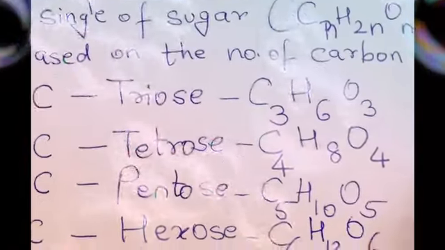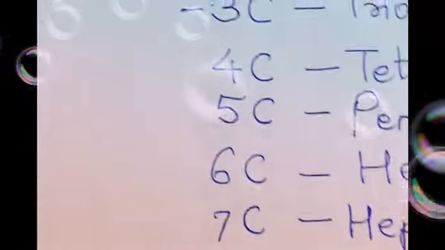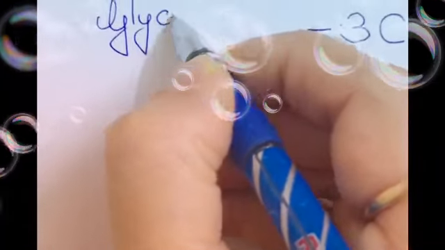Along with this, let's see the examples of each of these. The example for triose is glyceraldehyde.